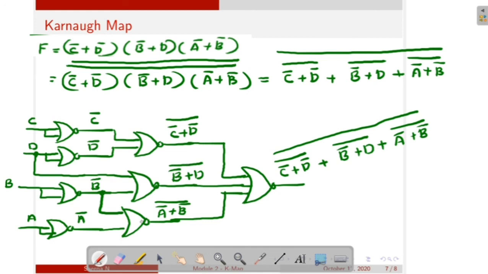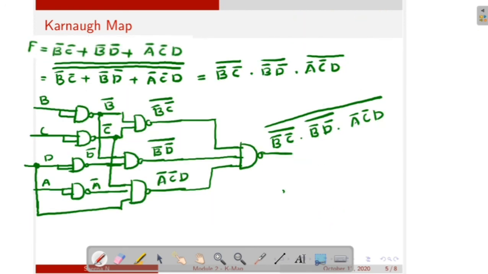In this implementation we have 8 NOR gates. In the NAND gate implementation of the SOP expression we also have 8 gates. So both implementations have 8 gates.